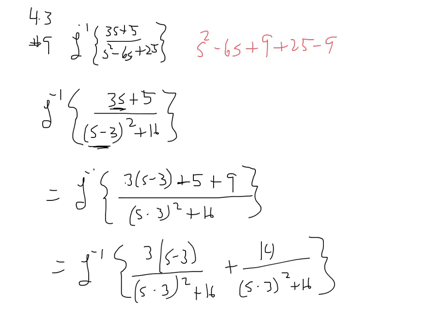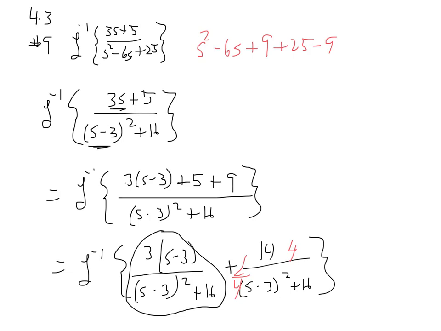Okay, the first one fits into one of our patterns. This one almost does, since we have a 16 on the bottom. We really need to have a 4 on top. So I'm going to put a 4 on top, which means I need to put a 1/4 here, and then we're going to have to factor out that 14.